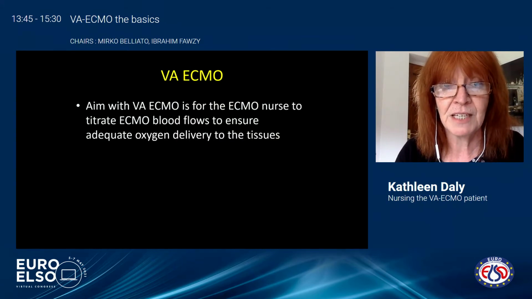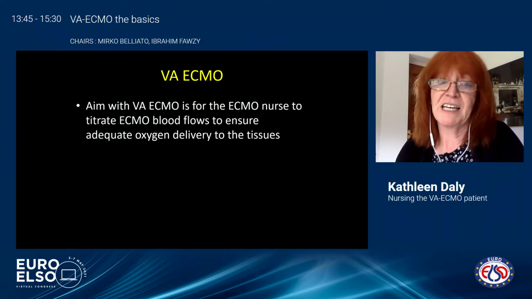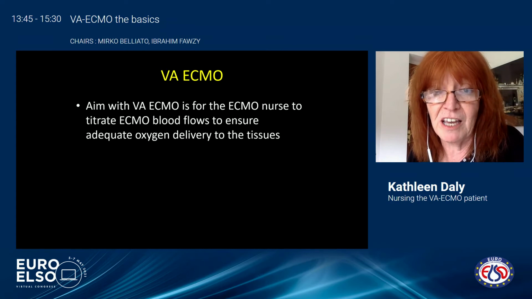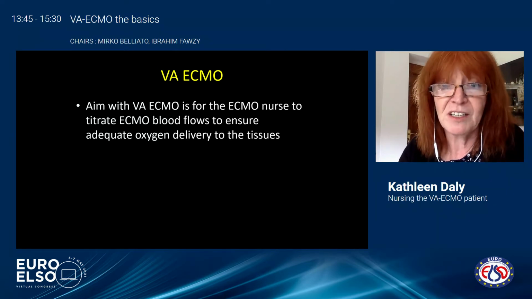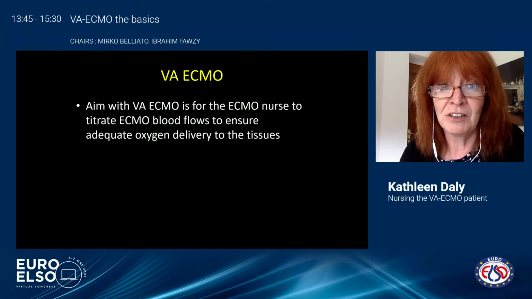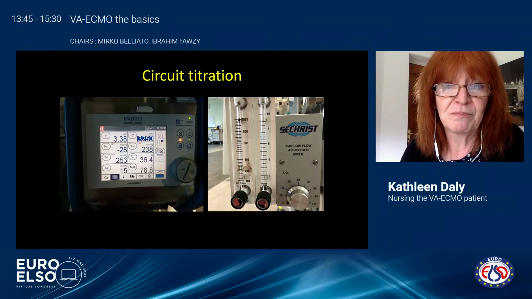night. So, our role as ECMO nurses: the aim with VA ECMO is for the ECMO nurse to titrate ECMO blood flows to ensure adequate oxygen delivery to the tissues. We're at the bedside 24/7, and following the ward round, we will have various targets which we are going to try and titrate the blood flows to achieve.